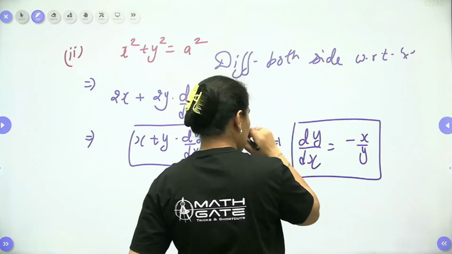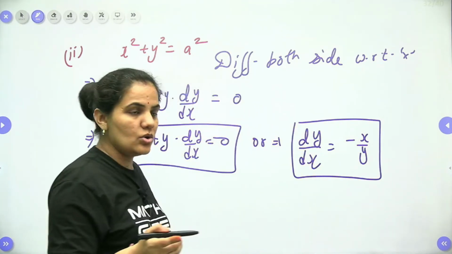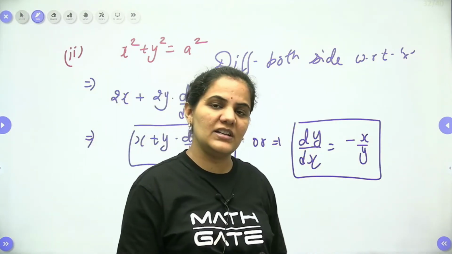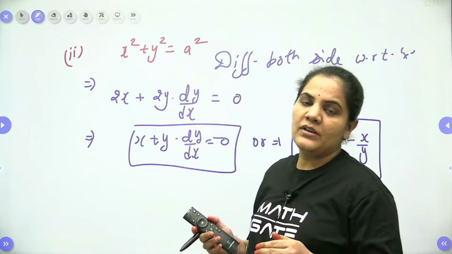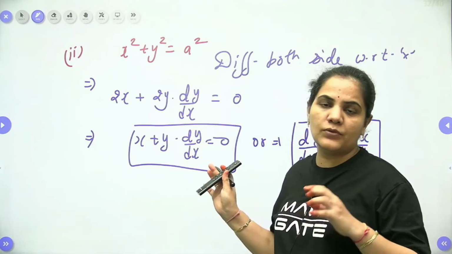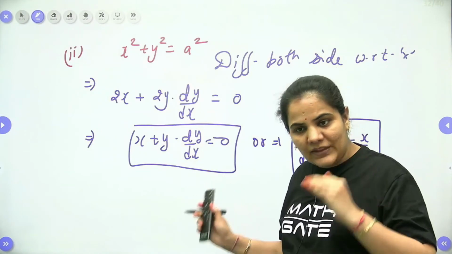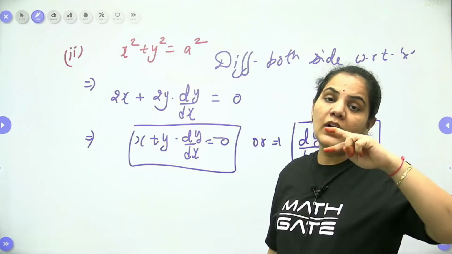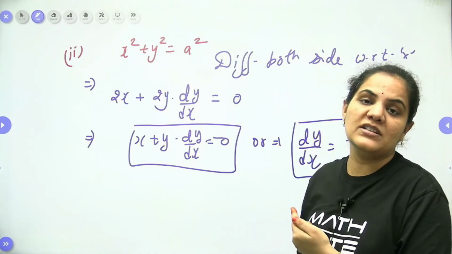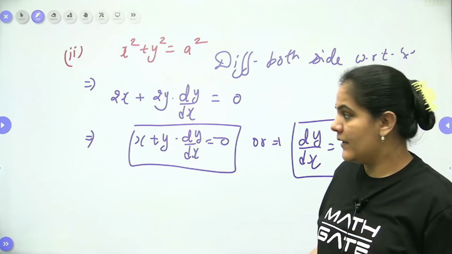This is also your differential equation. Later I will show you how we can solve these types of differential equations. Right now we are discussing how to formulate a differential equation. Then we will discuss how to solve the differential equations which we formulated.